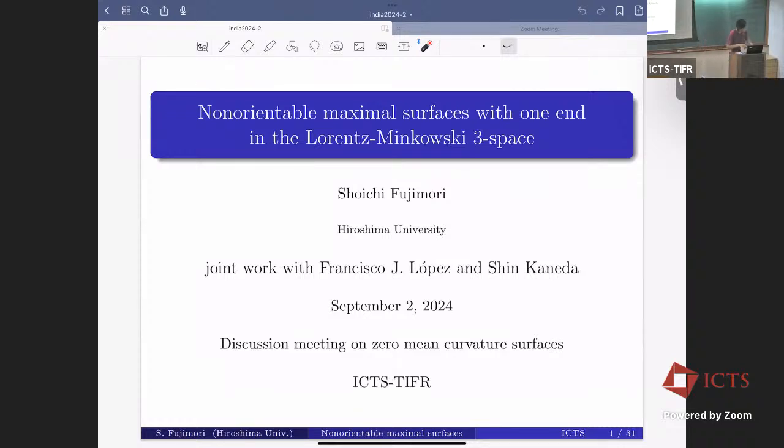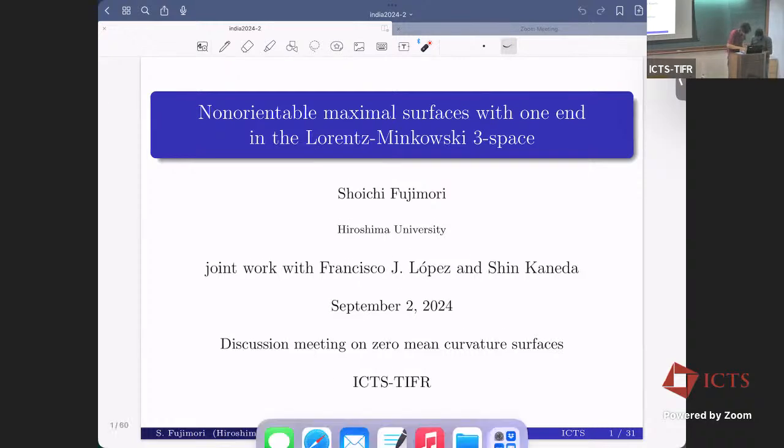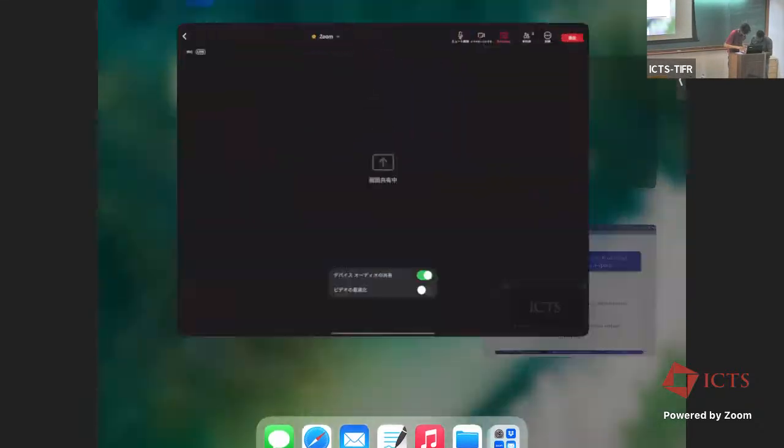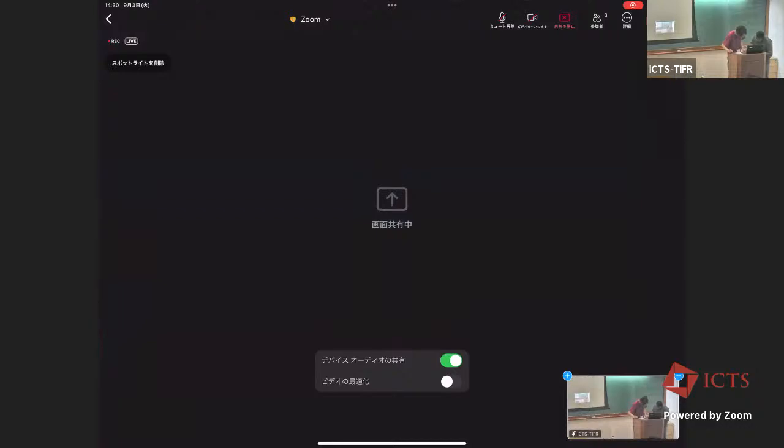So my mic is... It's on. Yeah. Your mic? You need to remove the audio from here. Just go to Zoom here. Here you just click.